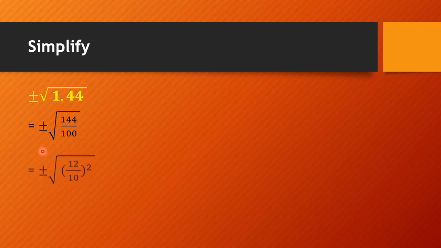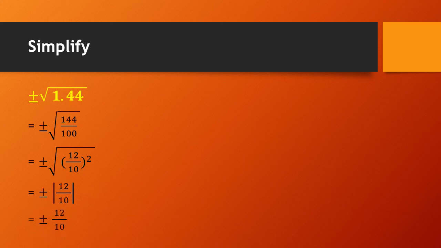So it equals positive or negative square root of (12 over 10) power 2. We will remove the square root and power 2 and put the absolute value of 12 over 10. So it equals positive or negative absolute value of 12 over 10, equals positive or negative 12 over 10.